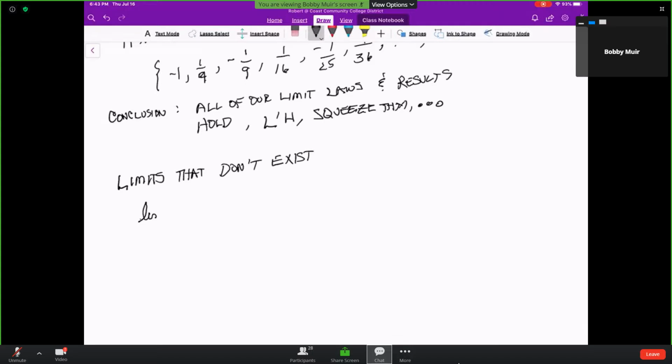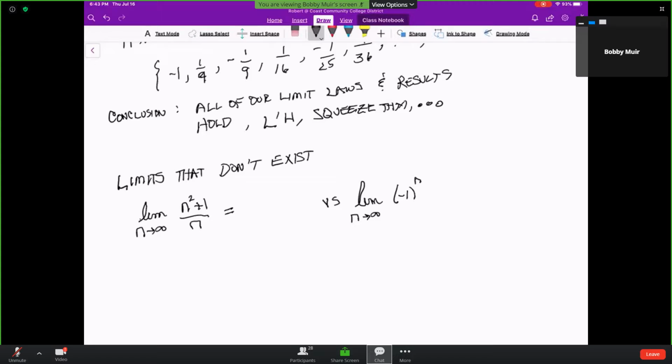The limit as n tends to infinity of n squared plus 1 over n, versus the limit as n tends to infinity of negative 1 to the n.